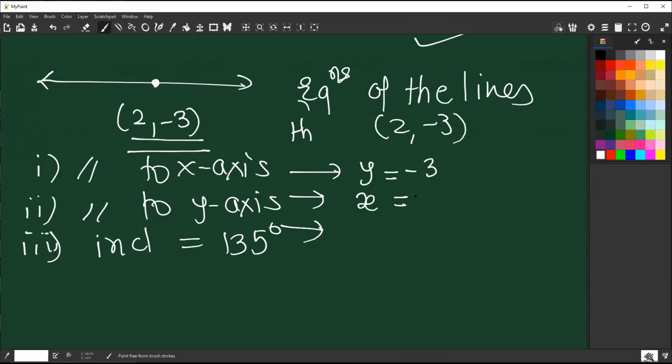Parallel to y, then x is equal to 2. Perfect. And if inclination is 135, your slope is tan of 135, which is minus 1.